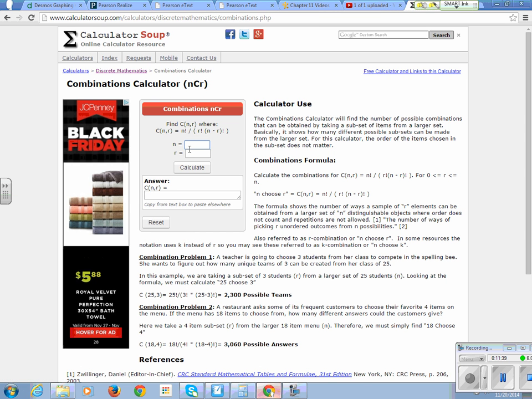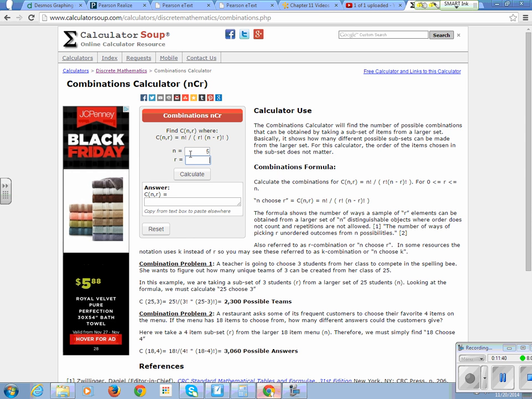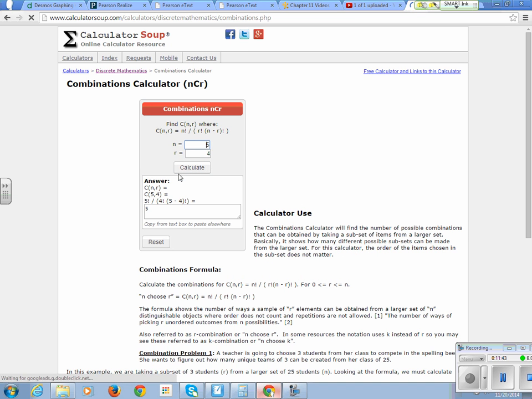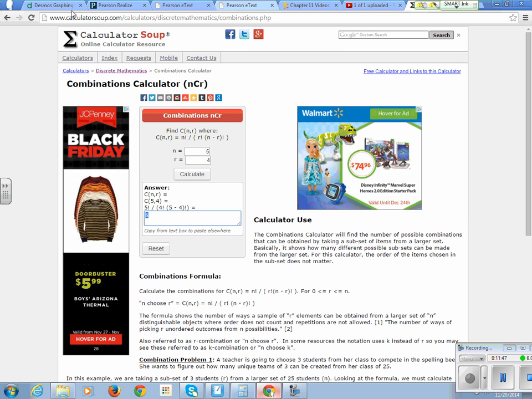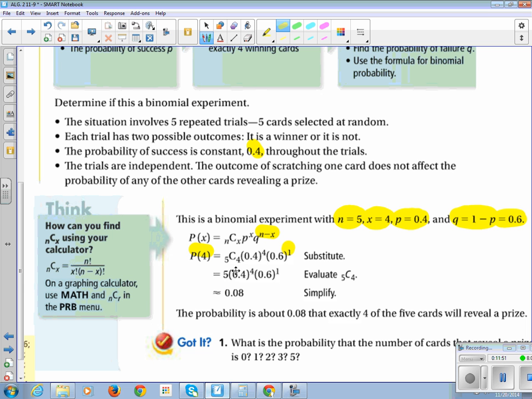We're going to do 5 choose 4, and you go calculate, and it's 5. So that's as difficult as that gets. That's where that 5 comes from. And then it's just a number crunch. 5 times 0.4 to the 4th times 0.6 is 0.08. So the probability is about 0.08 that exactly 4 of the 5 cards will reveal a prize.